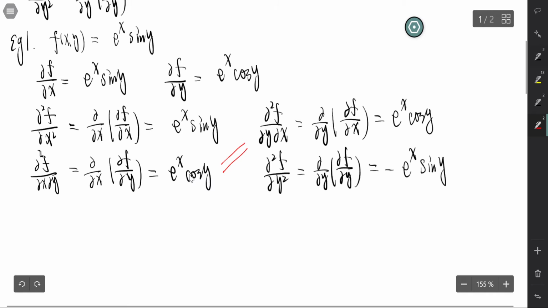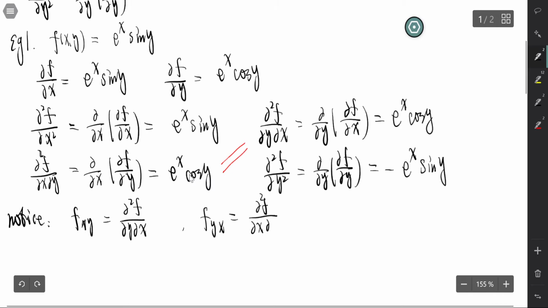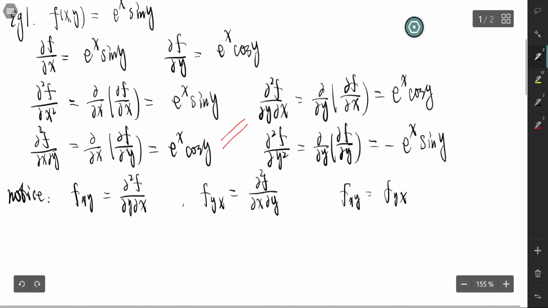Notice f_xy, that is partial squared f partial y partial x, and f_yx, that takes y first and then x. f_xy equals f_yx in this example.